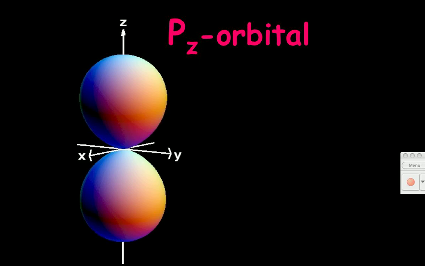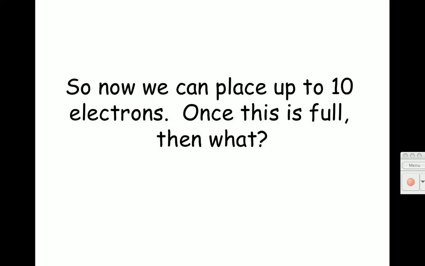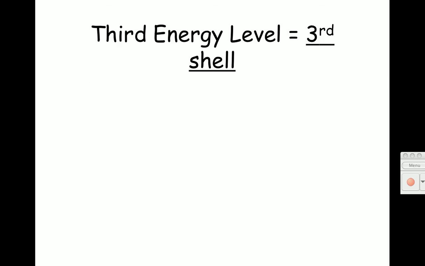Now, the second energy level holds 8 electrons. The first energy level holds 2. So 8 plus 2 gets us to neon in terms of electrons, 10. So I can place 10 electrons up to now, which means I'm up to neon. So now what do I have to do? Well, we move out again to another energy level, the third shell, the third energy level.